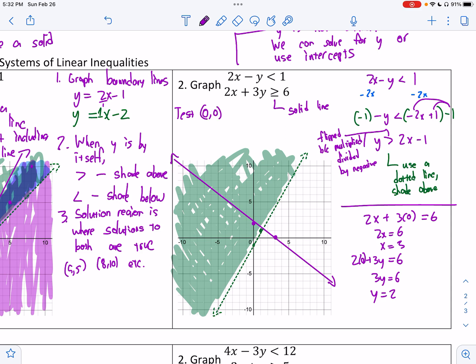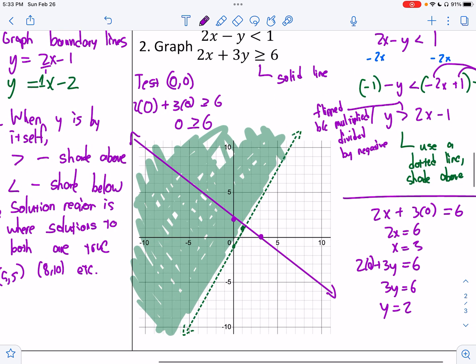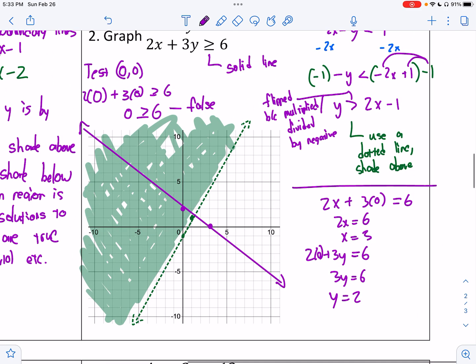If I plug in 0 for x and 0 for y, I get the statement that 0 times 2 plus 3 times 0 is greater than or equal to 6, which says 0 is greater than or equal to 6. Now that statement is false. So that tells me that 0, 0 is not in the shaded region.